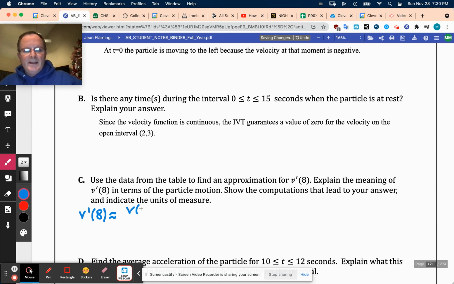So I'm going to say v of 10 minus v of 7, that's y2 minus y1, over x2 minus x1, which is 10 minus 7. We have to go back up and look at the table.